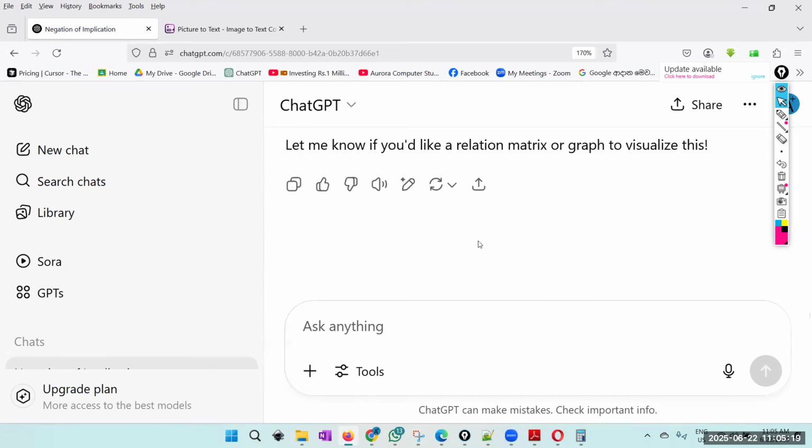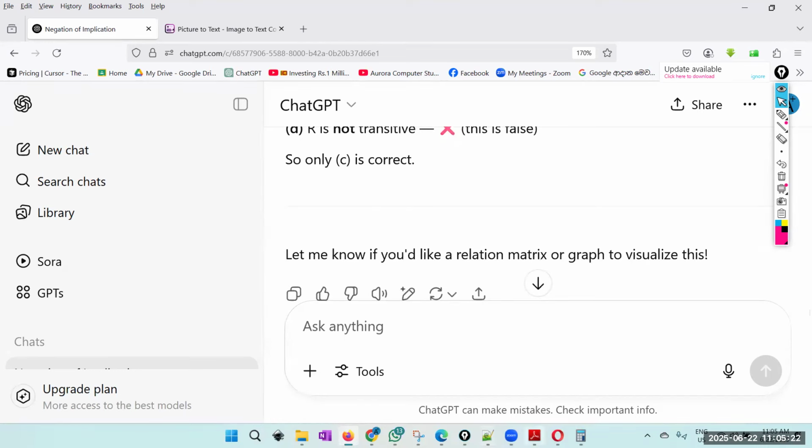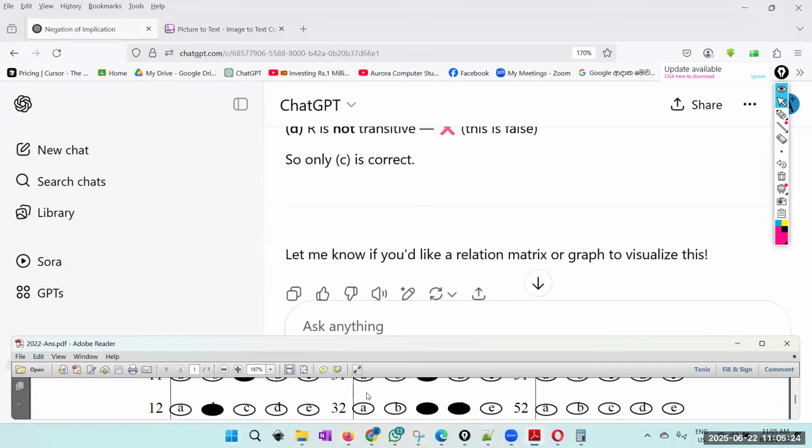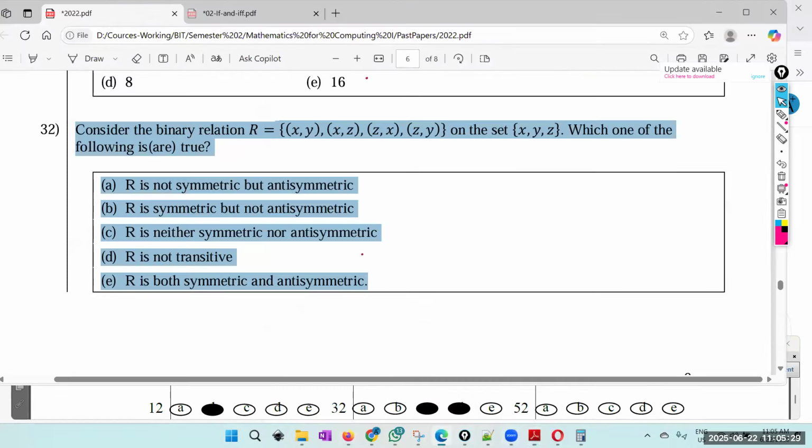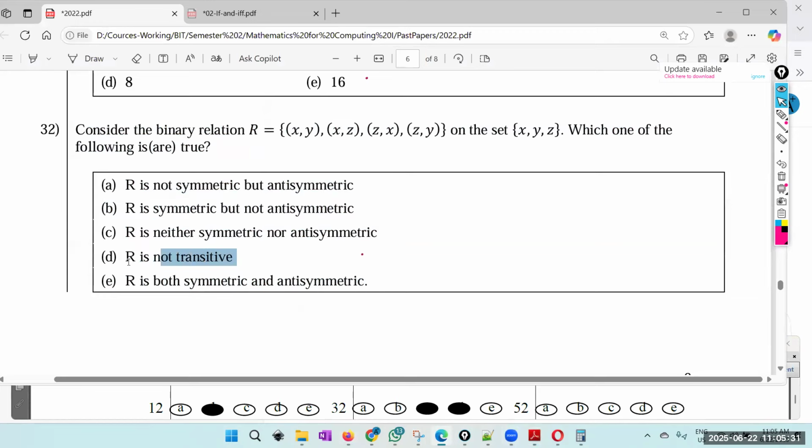So what is the answer? Yeah, answer is C, right? But examiner's answer has D also. For me, it is transitive actually, because usually we check transitivity when we have three variables. Your argument is that when there's A to B and not B to A, it is both not symmetric and also not transitive.